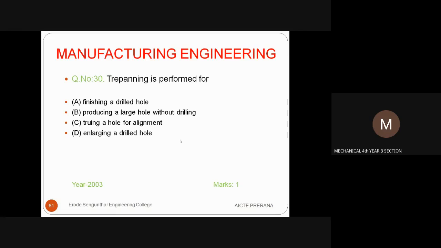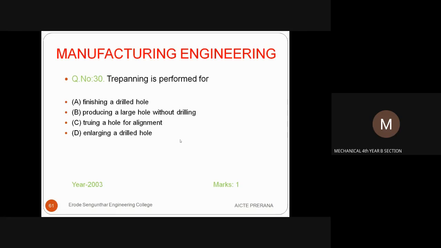Coming to option B, producing a large hole without drilling, that is the right answer. Why? Consider a compass with a pencil. You are drawing a circle, and the pencil tip, the pencil lead tip, is like a cutting tool, a single point cutting tool. You are continuously drawing a circle on a piece of paper.